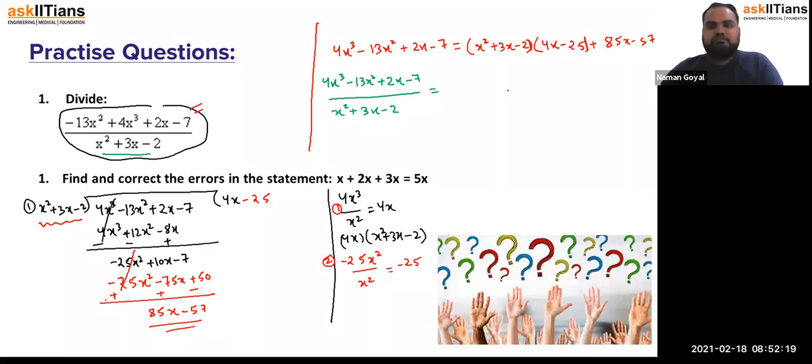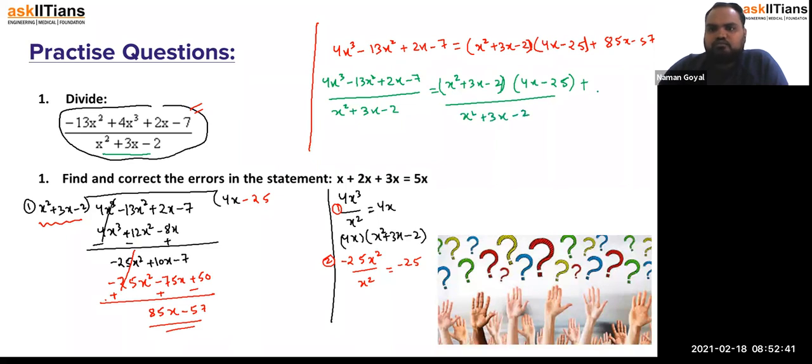So it will give x square plus 3x minus 2 into 4x minus 25 upon x square plus 3x minus 2, and it gives what? 85x minus 57 upon x square plus 3x minus 2.